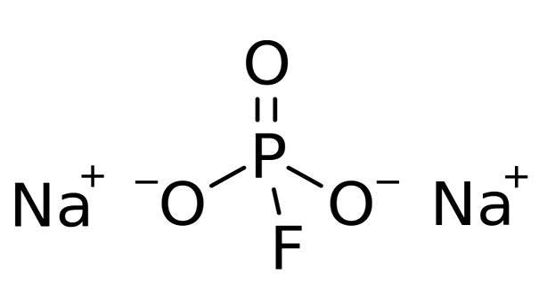NaMFP can also be prepared by treating tetrasodium pyrophosphate or disodium phosphate with hydrogen fluoride. In the laboratory, MFP can be prepared by hydrolysis of difluorophosphate ions with dilute sodium hydroxide: PO2F2- plus 2 NaOH gives Na2PO3F plus H2O plus F-.